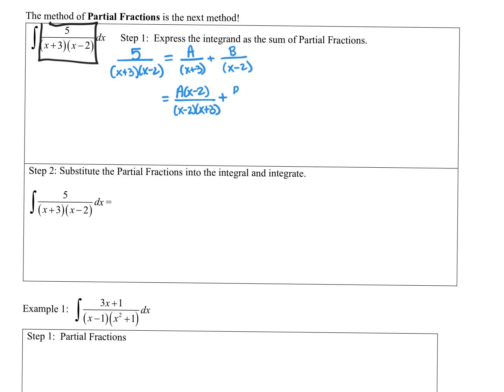X plus 3 in the top and bottom. This time around, I'm going to write out a lot of steps so you can see the why, but in the future, you'll be able to shorten your steps a little bit and not write down quite as much. And these two fractions should be equal to 5 over X plus 3, X minus 2.